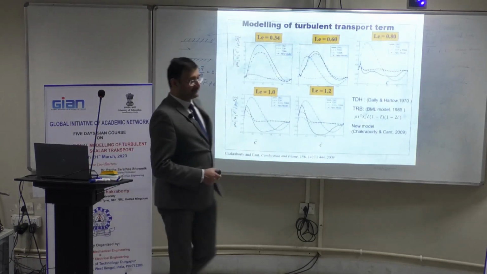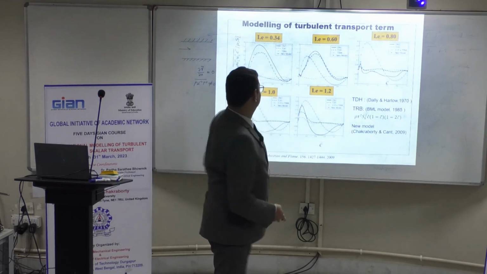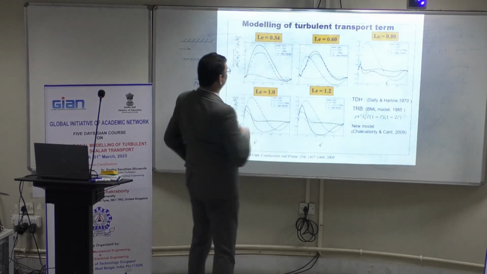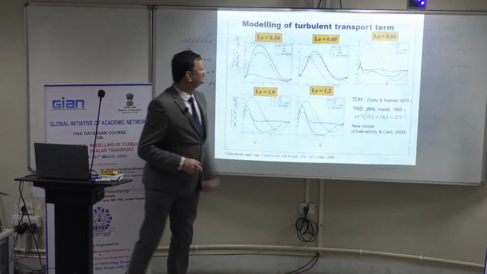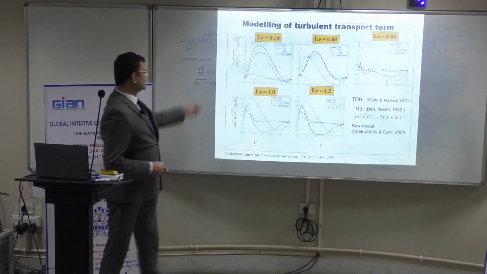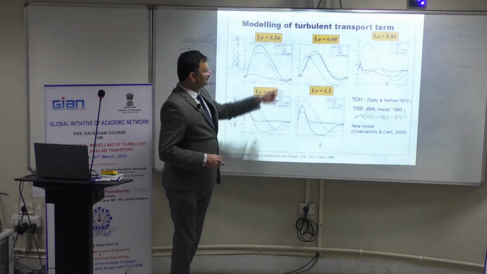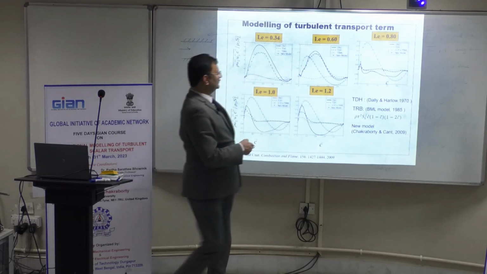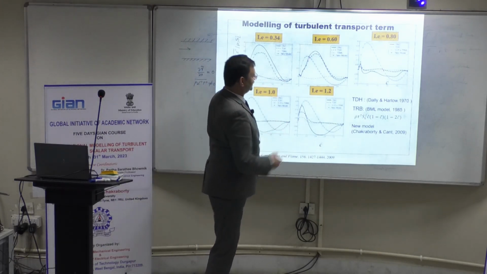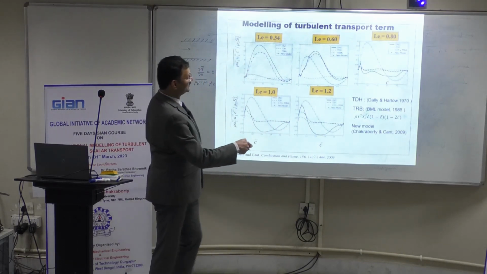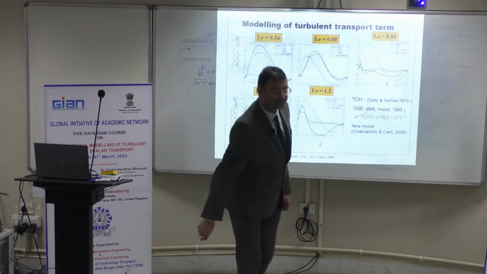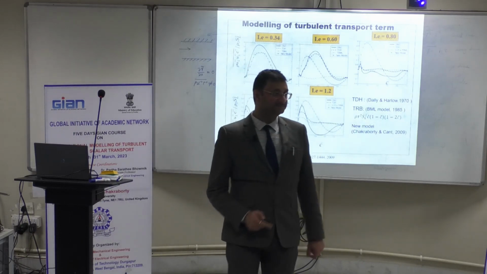And let's see the effect. Solid line is DNS, and the Daly and Harlow model gives you this. If I just look at the reacting contribution according to the BML theory, it does that, and the total model effectively does a much better job in comparison to any other model.